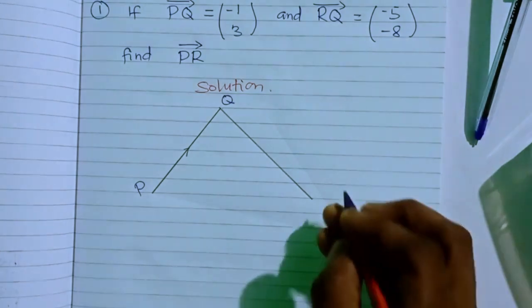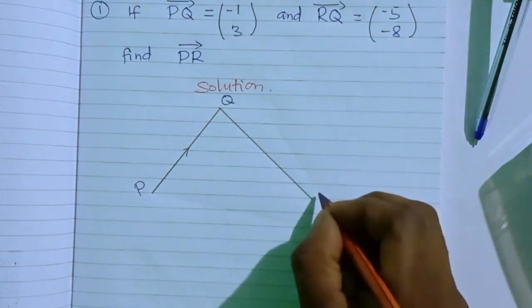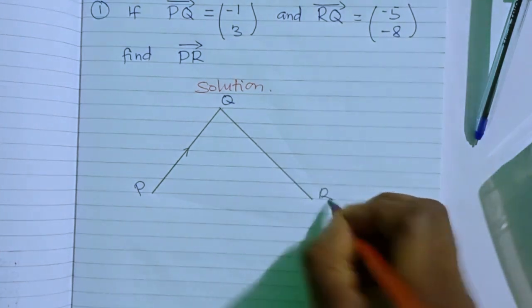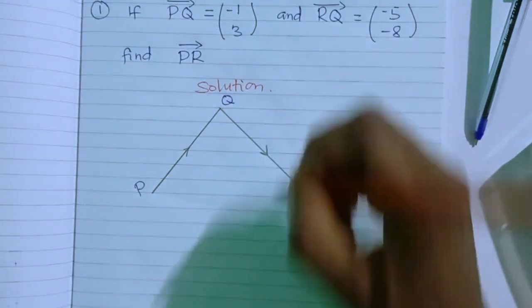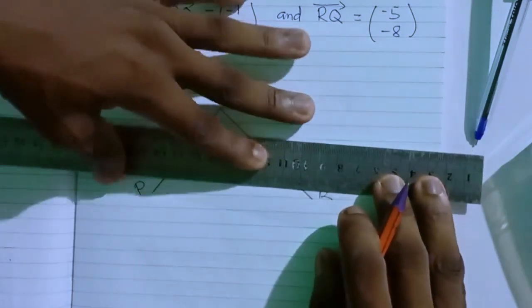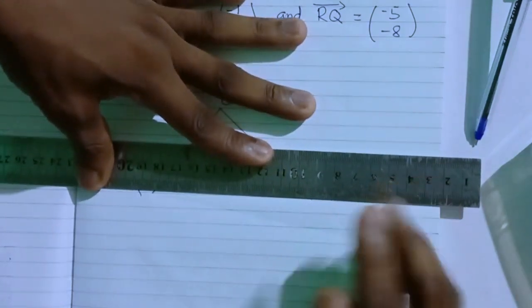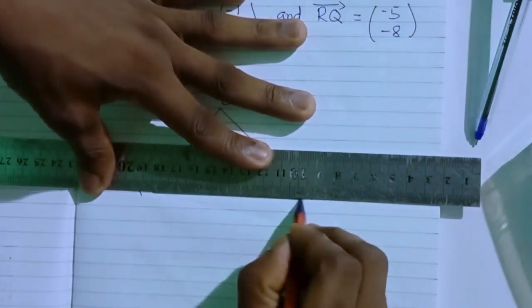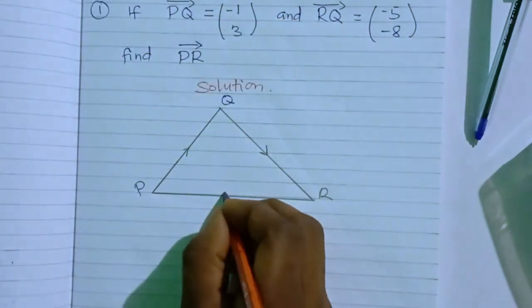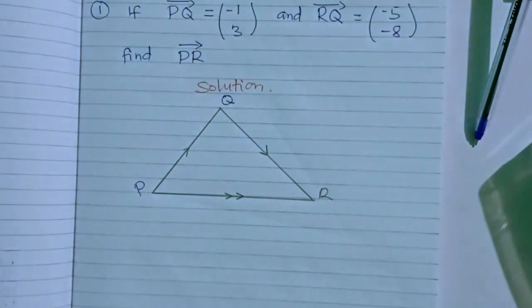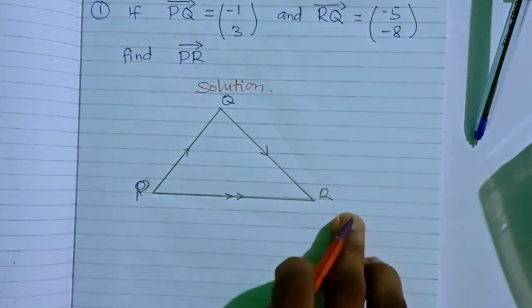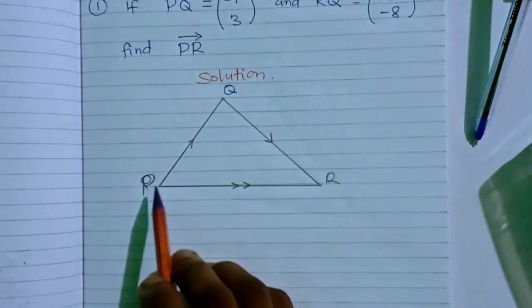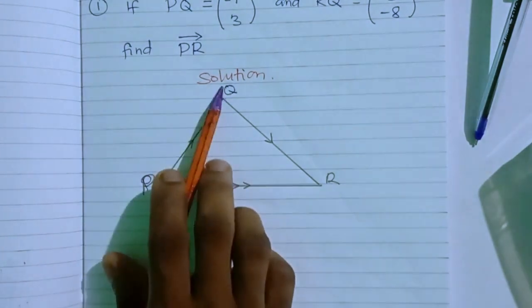Then I have QR. So the QR will be this. Then I join with the third side. So the arrow will be here, as we explained earlier. The resultant, which is PR, will be given by PQ plus QR.